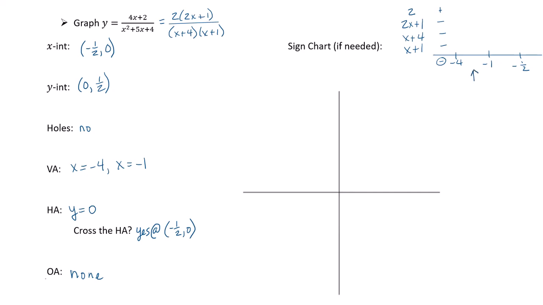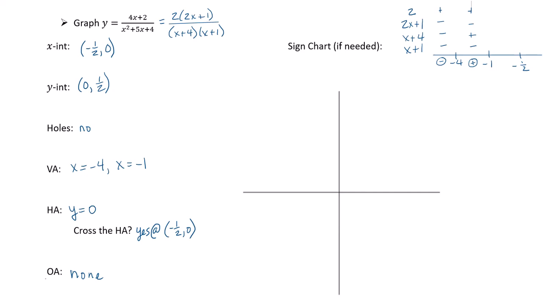Let's try a -3 here. 2 is always positive. 2 times -3 is -6, plus 1 is negative. -3 plus 4 is positive. -3 plus 1 is negative. And here we have an even number of negative signs. We're going to have a positive interval here.